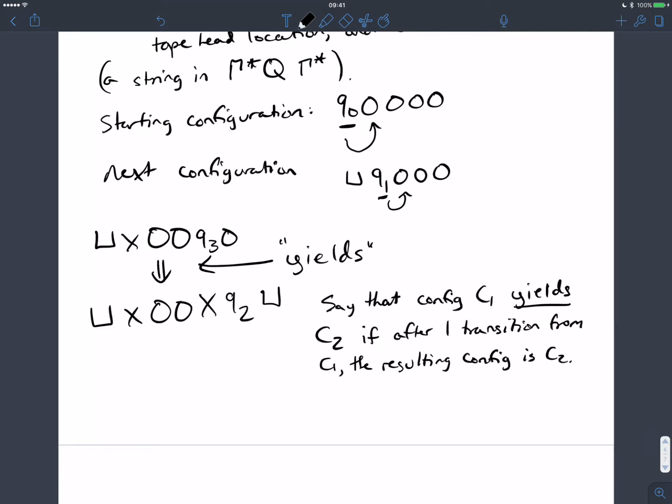All it really means is that if we are in the first configuration and we apply the only transition we can do, because the machine's deterministic, we end up with the second one. In terms of, say, a DFA, it means we apply a valid transition.